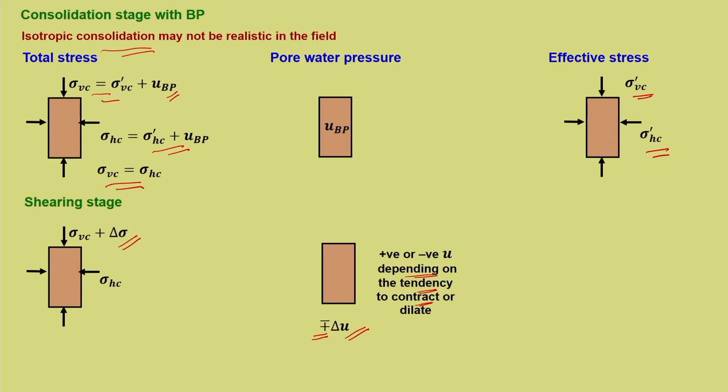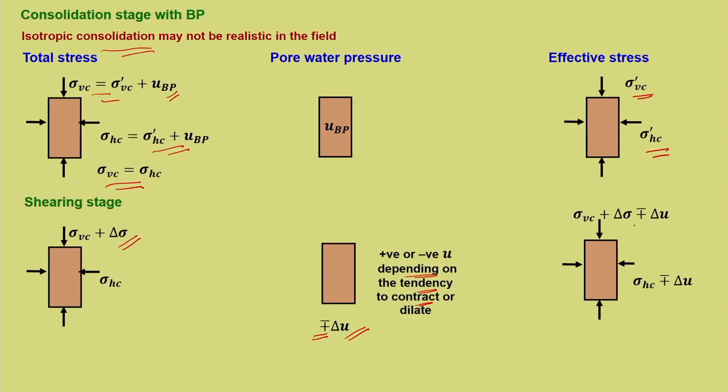Let us say that there is a volume change which is permitted for this particular sample. Now, during volume change, what happens to this soil during shearing? We have seen this in our previous lecture, that this sample will have a tendency to either compress or to dilate. So, that is the volume change. In this case, volume change is not permitted, so that translates to pore water pressure.